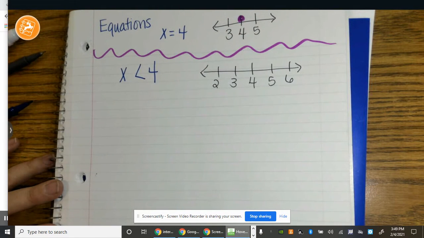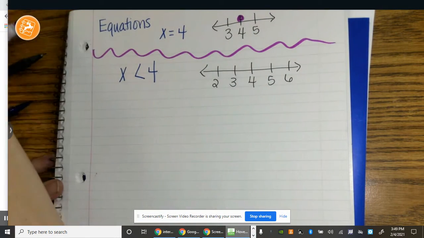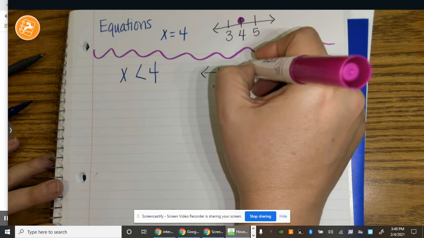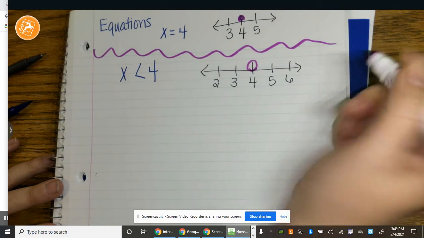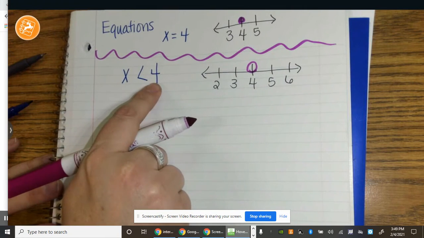The one thing that's different is that instead of a dot, I'm going to put a circle. And x is less than 4, so we're looking for all numbers smaller than 4.